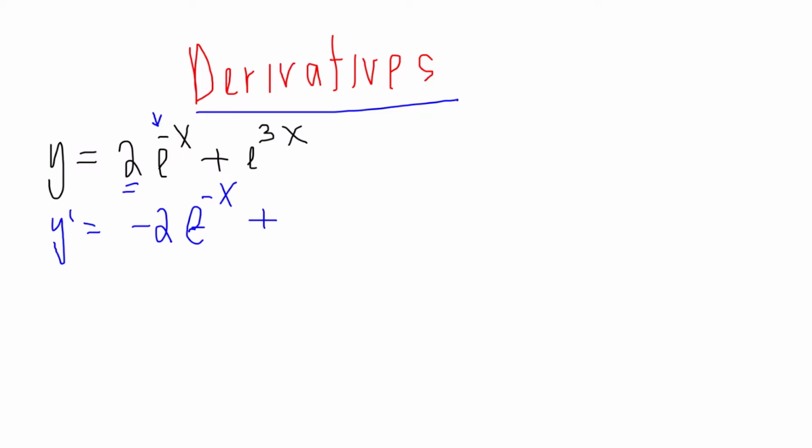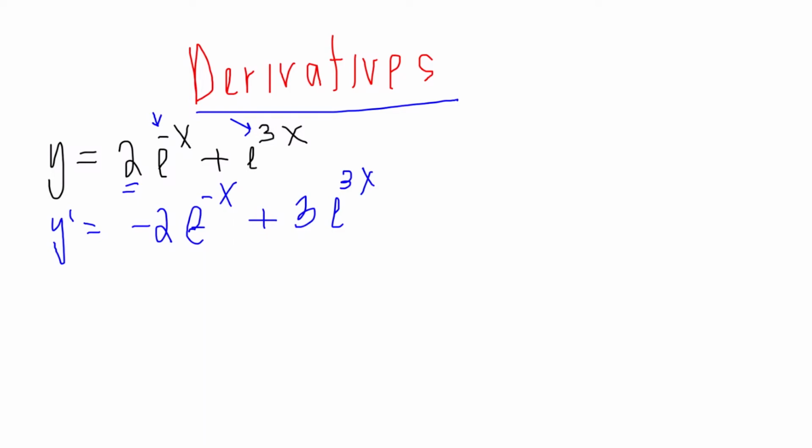In the second term, we will just multiply this number with the number before the e, so it becomes 3 e power 3x, and then we maintain whatever. So the thing is, we will just remove whichever number is in front of the x, and then we multiply it with the number before the exponential.